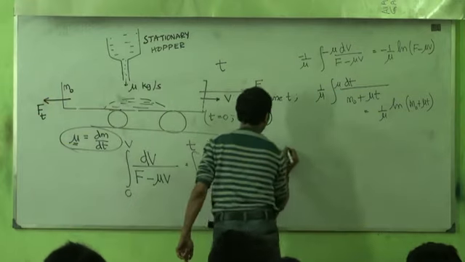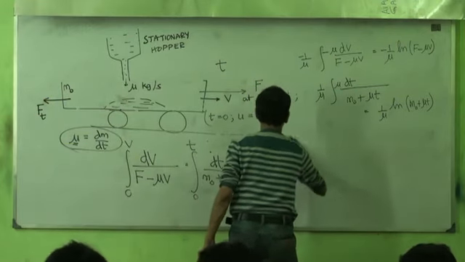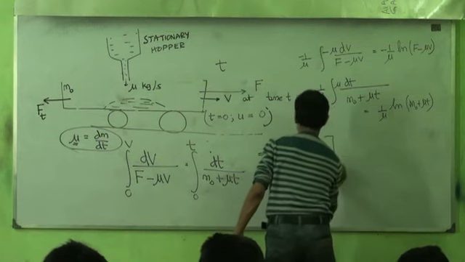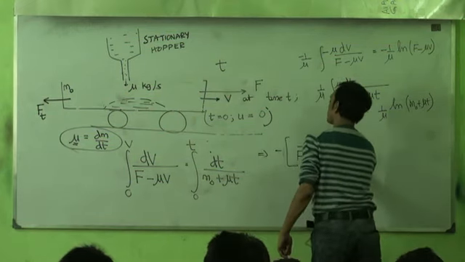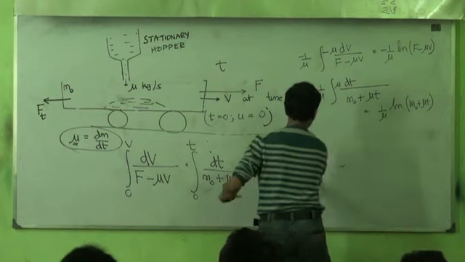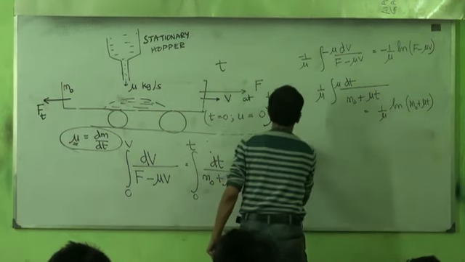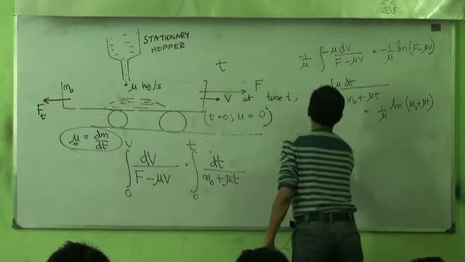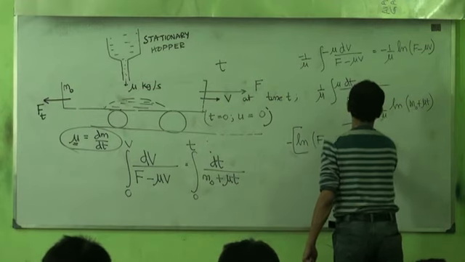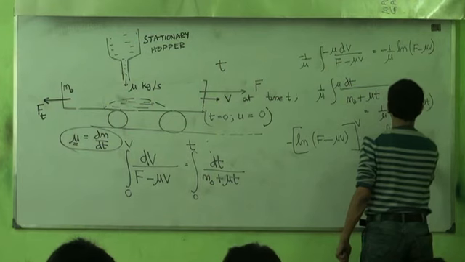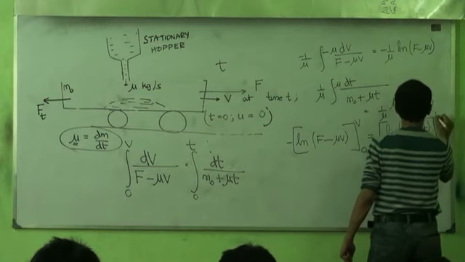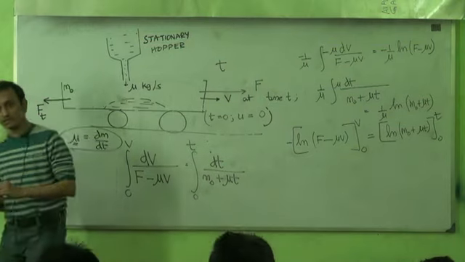So we have minus 1 by mu, the logarithm of F minus mu v, where v runs from 0 to v, and the right hand side is ln of m naught plus mu t, where t runs from 0 to t, right? When you supply the limits, it's a definite integral. Clear?